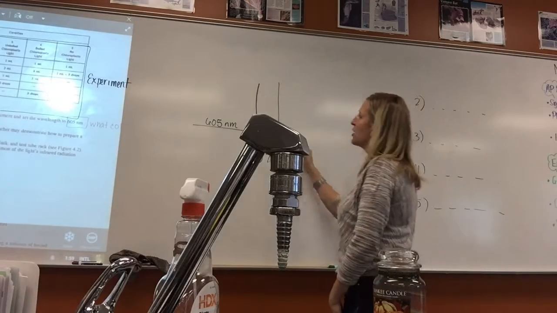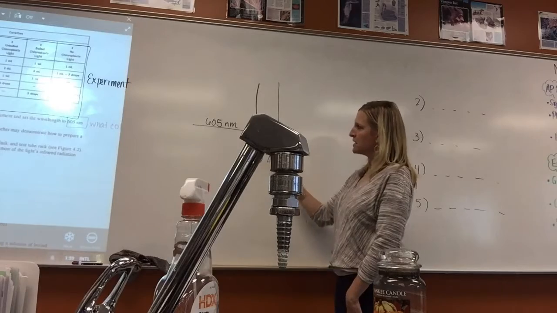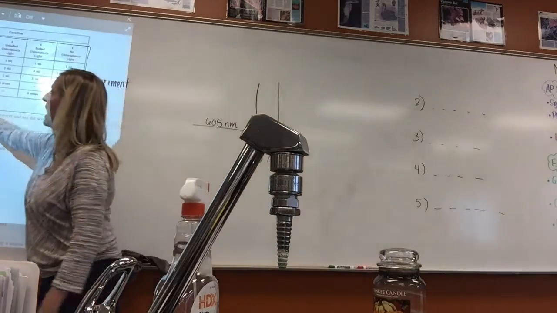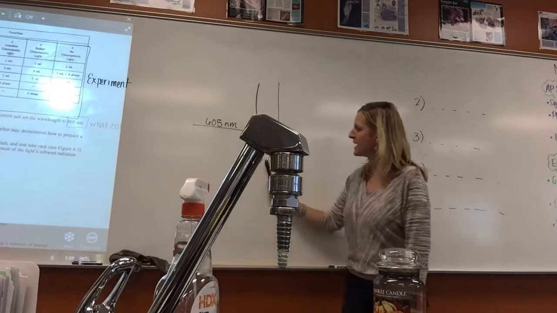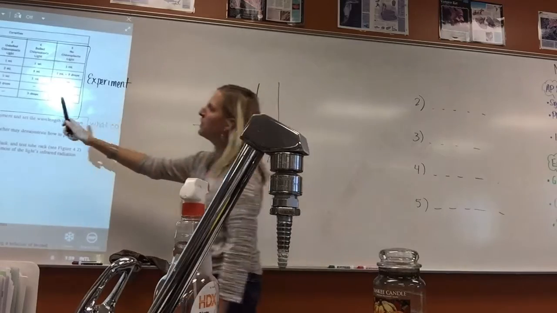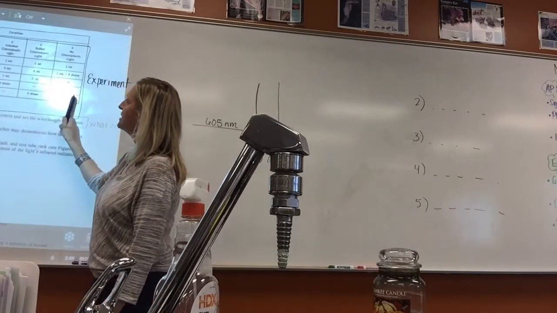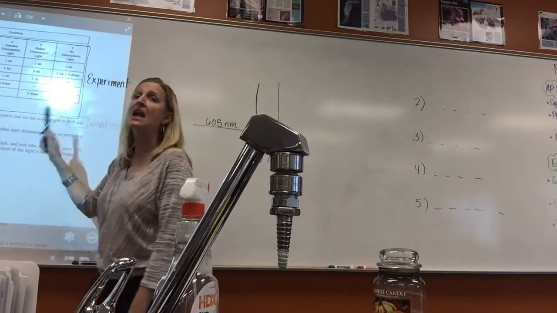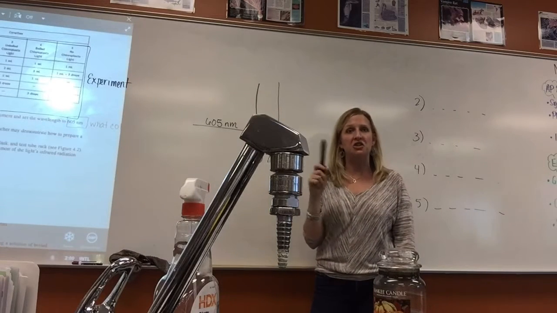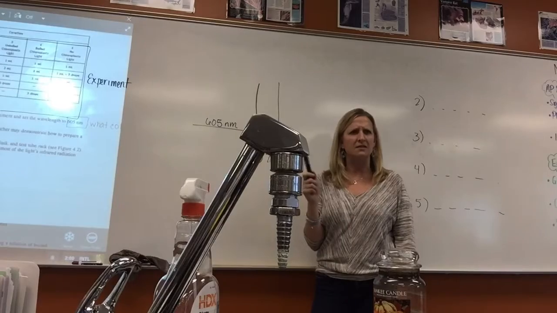In this case, we set the blank, which is the chloroplast solution minus the DPIP, at 0% transmittance. And so then, everything that we put in and take measurements of, the only difference is the DPIP. And so any change in transmittance is a result of the change in the DPIP. Does that make sense? Okay?